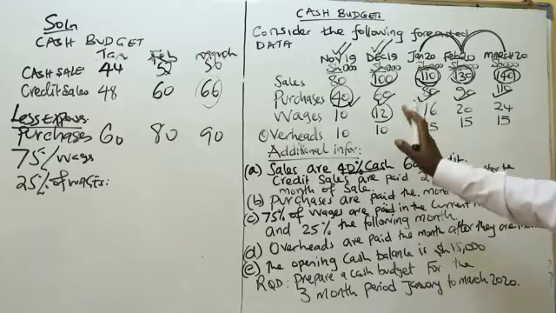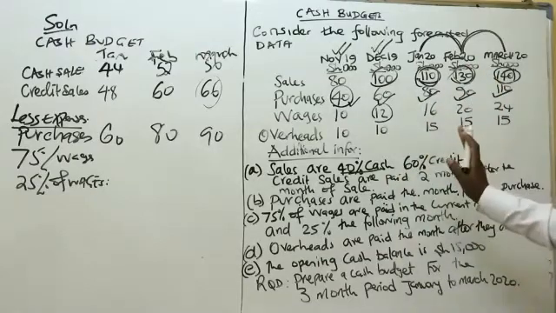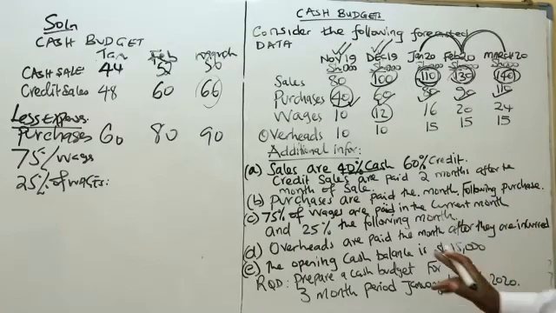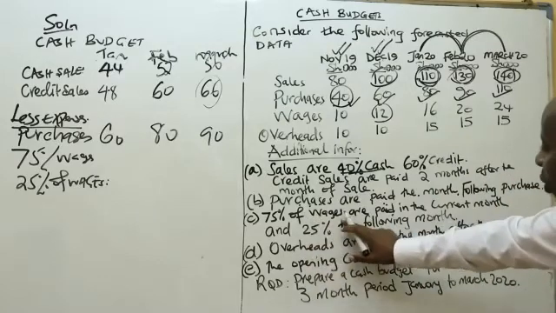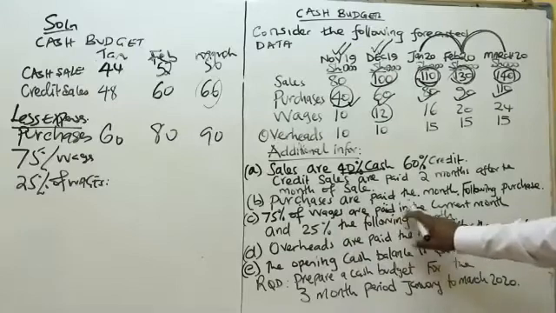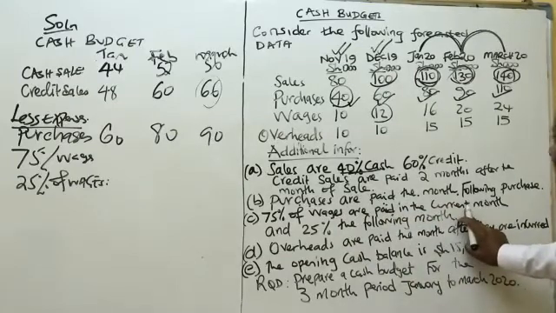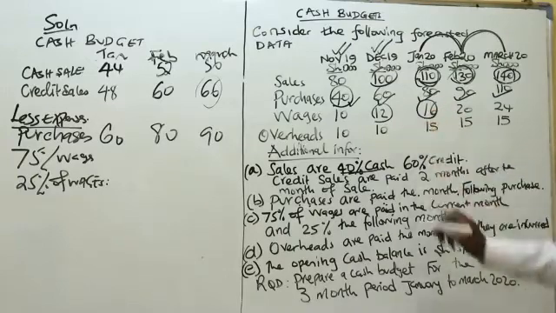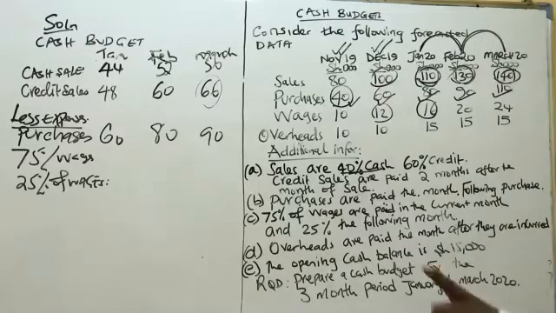We're not just paying 1 month in arrears, no. Listen to me very well. What they have told us is that 75% of wages are paid in the current month. So could you kindly take 75% of 16? It's 12. I now see where they're getting the 12 from.